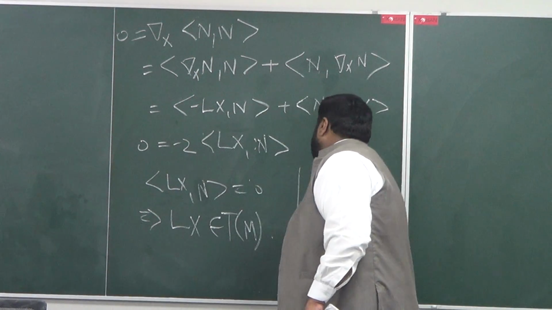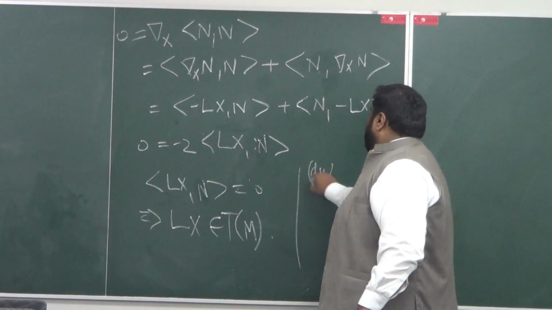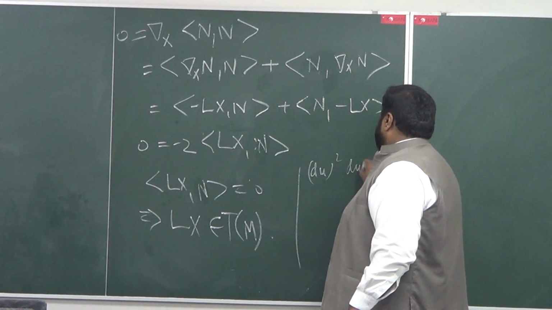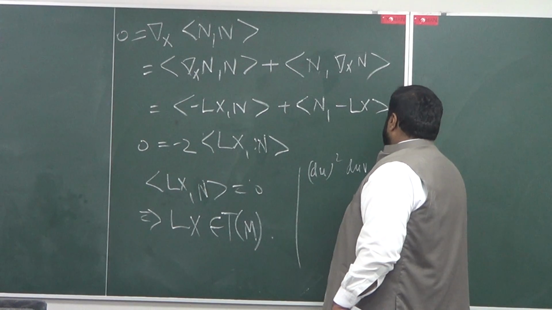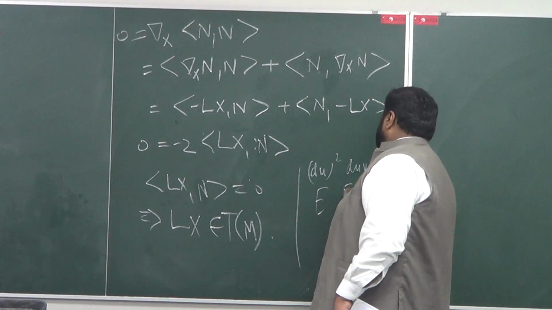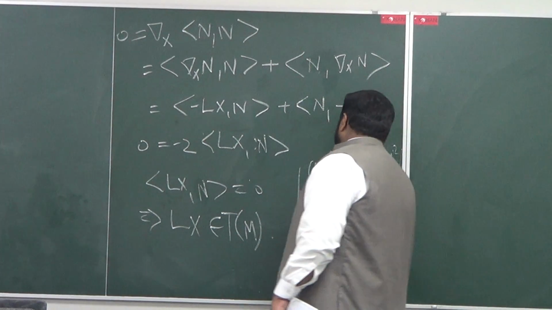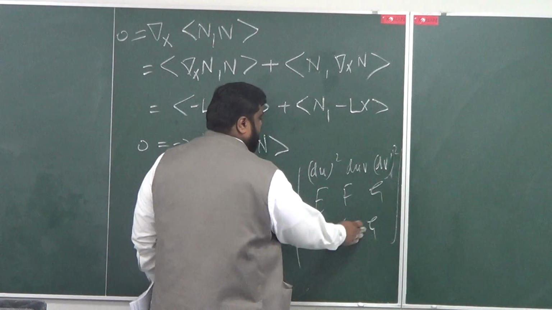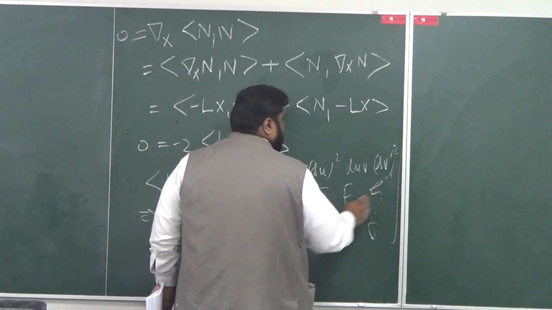Here's the thing. I think I have something like du dv and dv squared, and E F G and E F G. At a point, these are numbers.